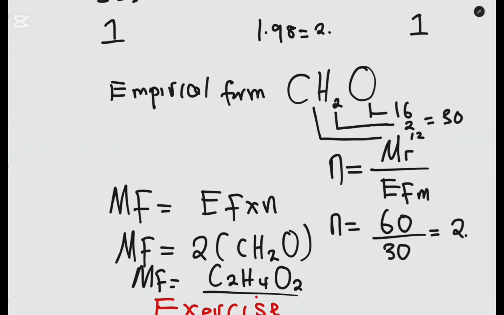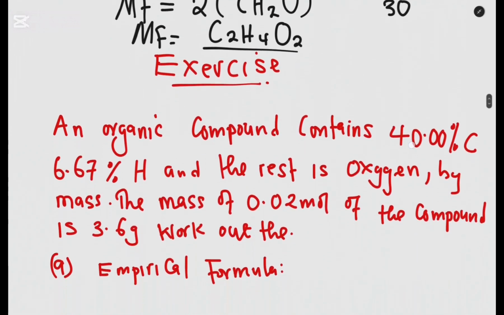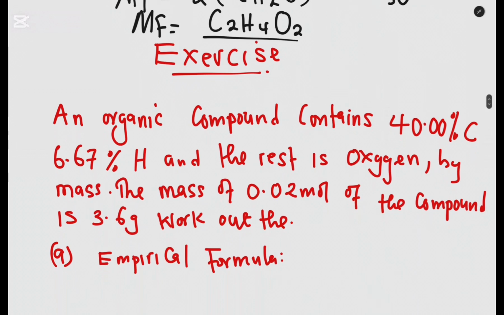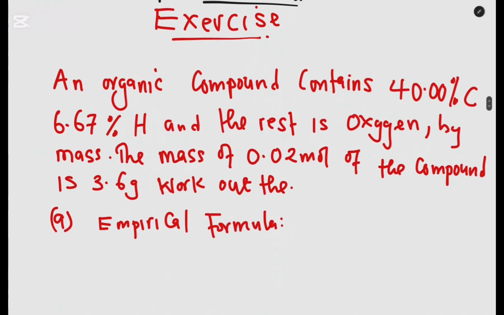Okay, let us look at one more example that is going to encompass the two as well. So we can look at this exercise. I wanted you to do this one, but we are going to do it together. But please, if you find a challenging question here, bring it out so that we can answer it all together, or I can make a video just on that particular question.